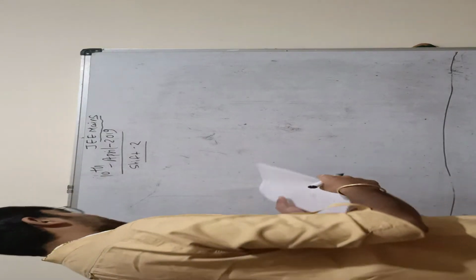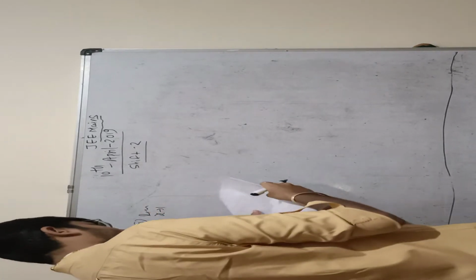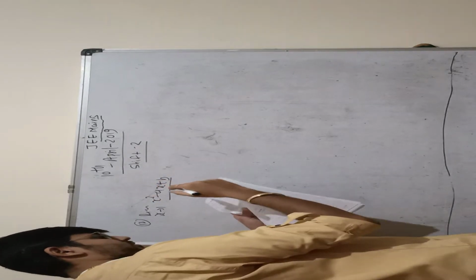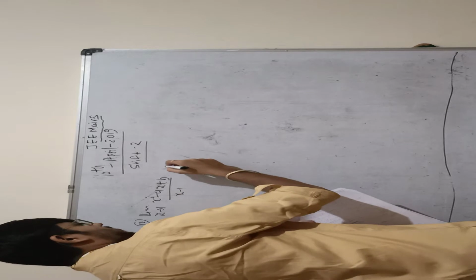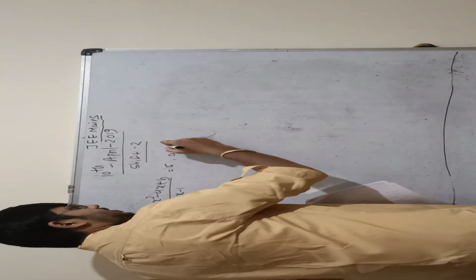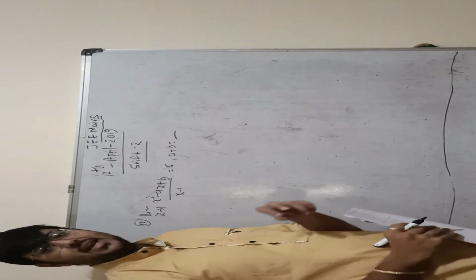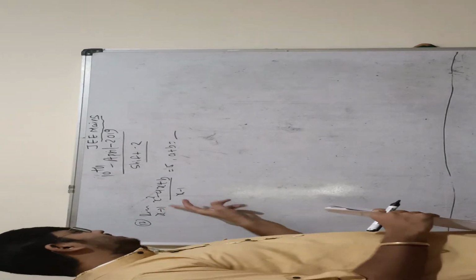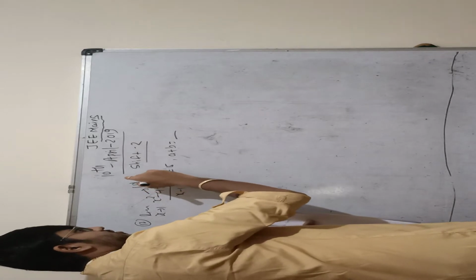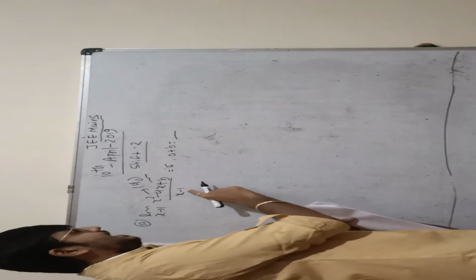Okay, so in the next question we are given that the limit as x tends to 1 of x square minus ax plus b upon x minus 1 equals 5, and for this we have to find the value of a plus b. Now, for the limit to exist, the very first condition to satisfy is the 0 by 0 form, because if I put x tends to 1 in the denominator, I get 0.